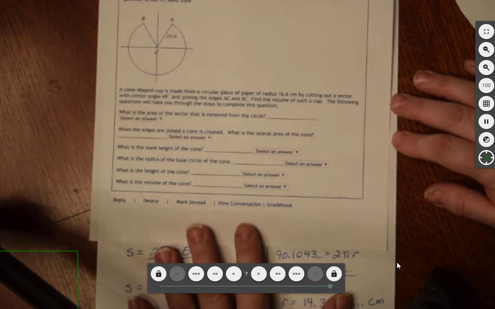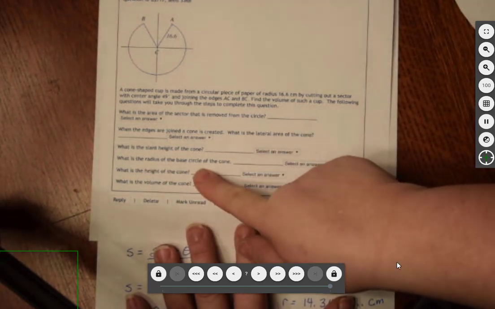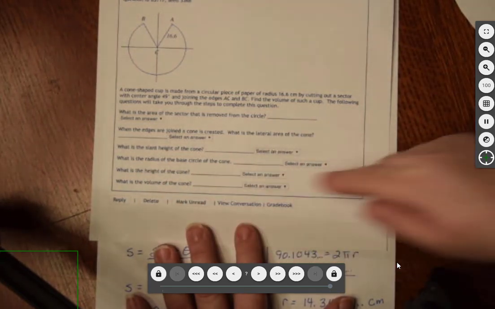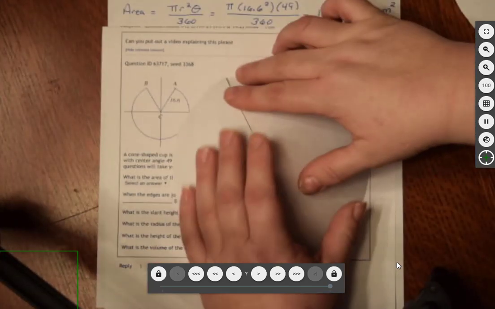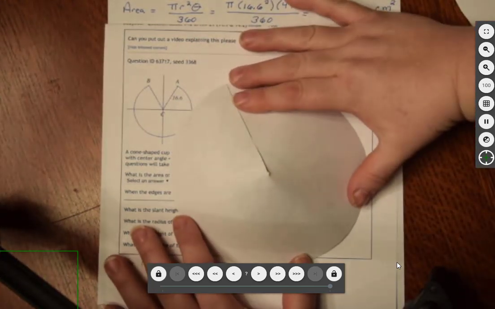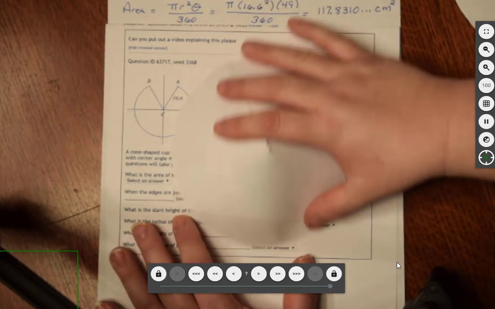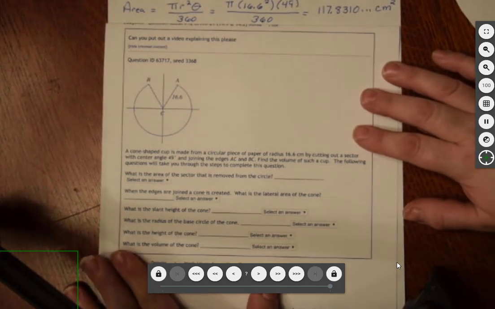Okay, next question. It says, what is the radius of the base circle of the cone? So if I were to put this cone down here and draw the circle for the base, I'd want to know what the radius is of that base.